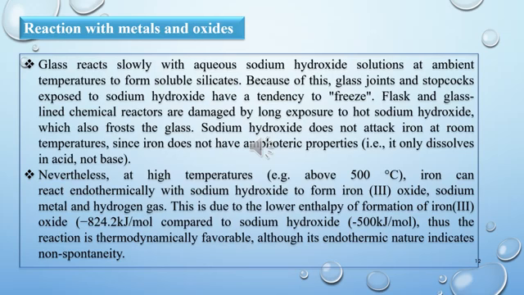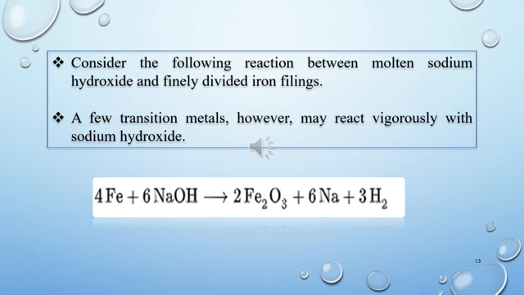oxide. As we have said, sodium hydroxide will not react with iron because iron is not amphoteric. So, at room temperature, it will not react with sodium hydroxide. It will react with sodium hydroxide at temperature more than 500 degrees centigrade.